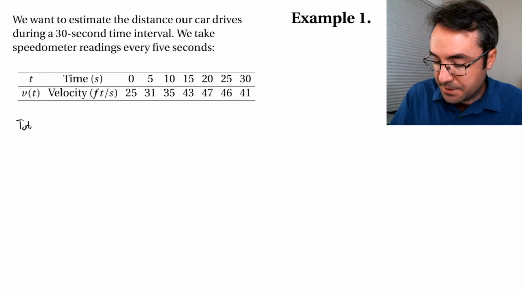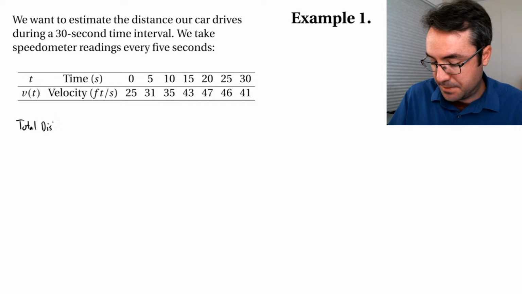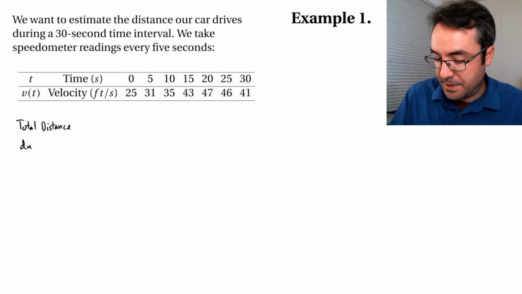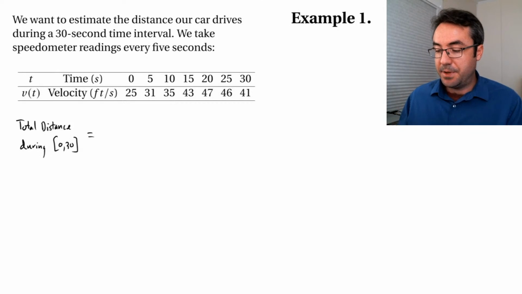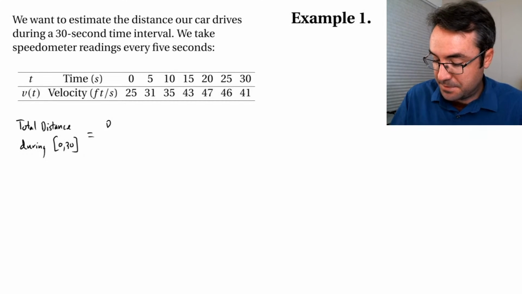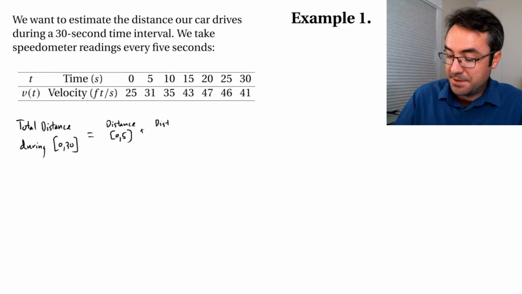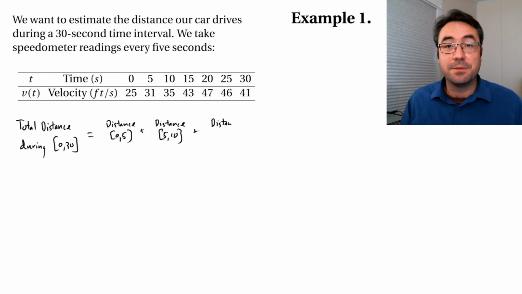So our total distance during that interval from 0 to 30 is going to be how far we traveled during that first subinterval, which was from 0 to 5, plus the distance in that second interval, which was from 5 to 10, plus the distance that we travel in the third one, which is from 10 to 15.